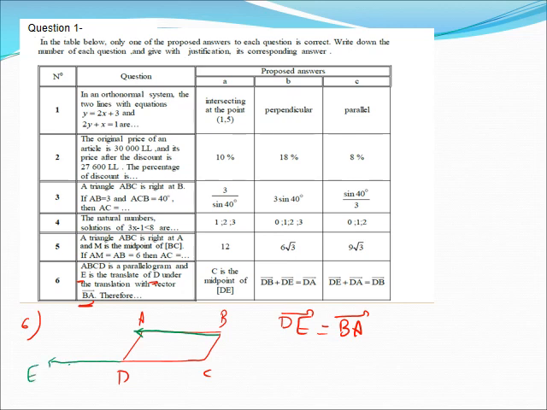Then we can say that C is the midpoint of DE. Wrong. DB plus DE is equal to DA using the parallelogram rule. It's correct. The answer is B.